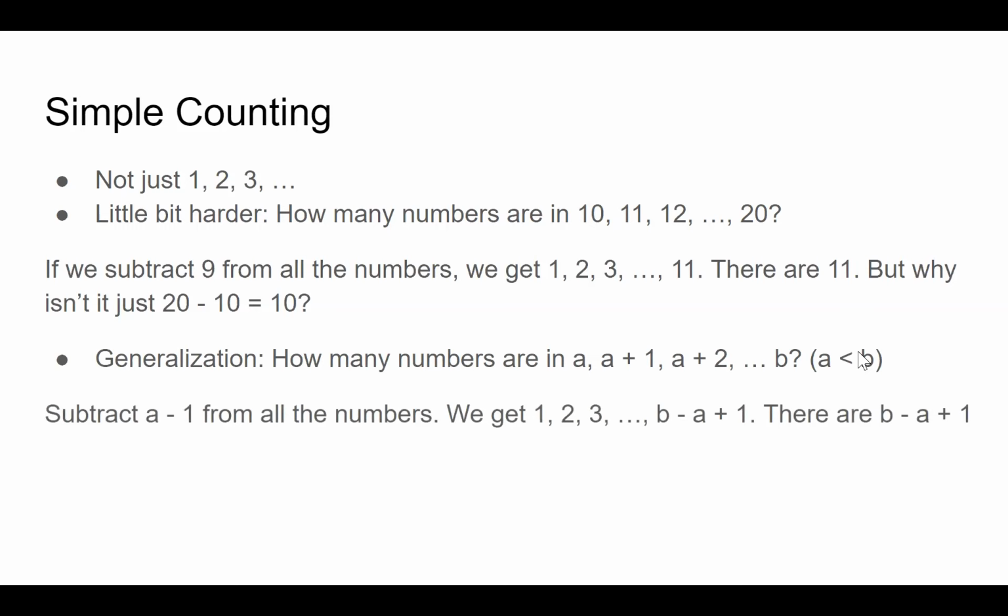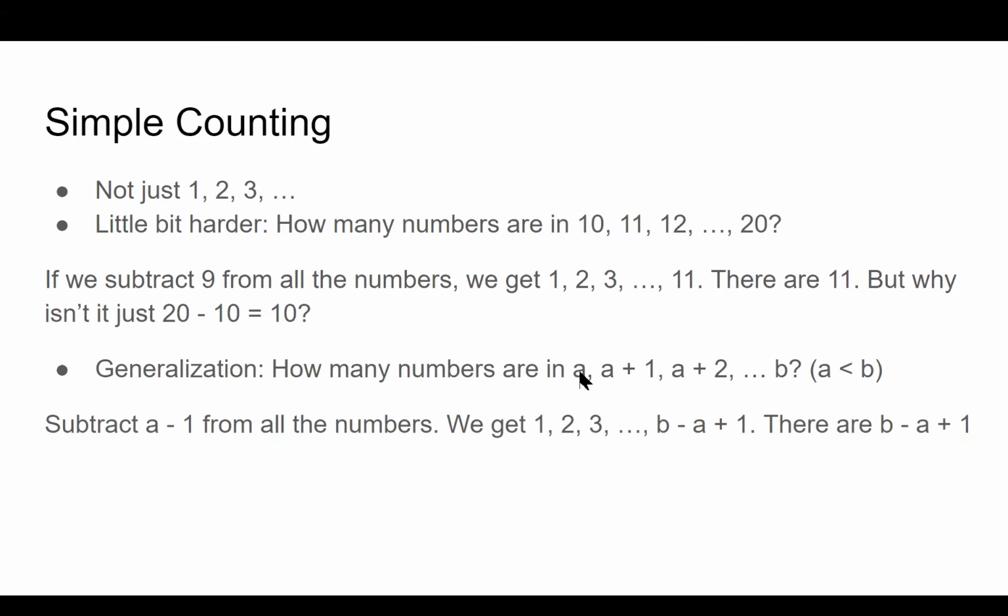And to find this, we subtract A minus 1 from every number. So the first one becomes 1, and it's just like 1, 2, 3, all the way to B minus A plus 1. Because this is in the form 1, 2, 3, we know that this has B minus A plus 1.